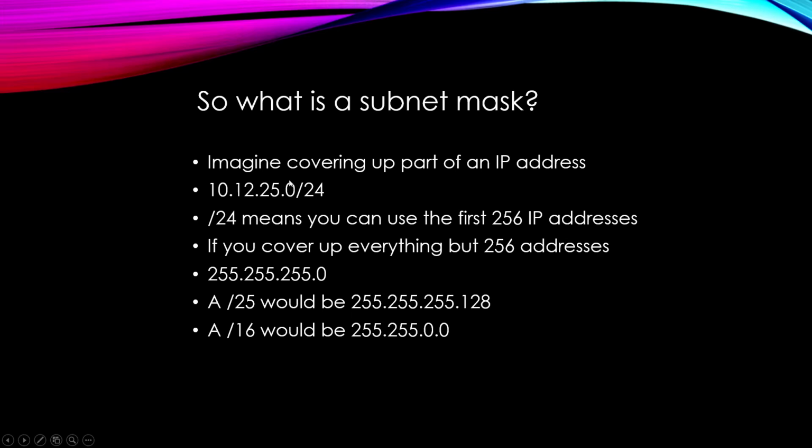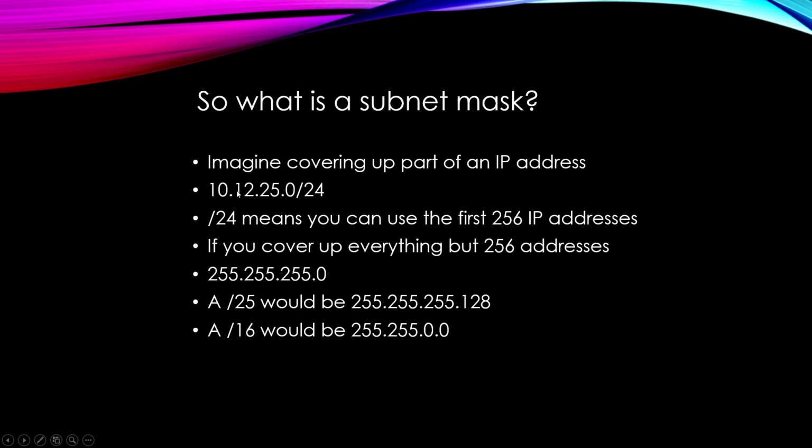So if you cover up everything but the last octet with 255s, it would look like 255.255.255.0. This says you can't use this, you can't use this, you can't use this, but you can use whatever you want over here. So this would basically be saying /24.